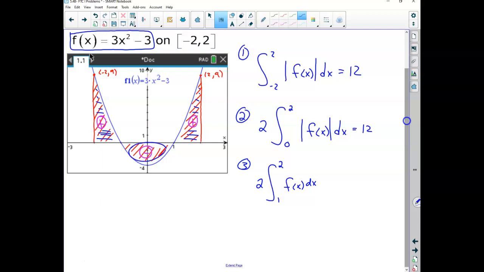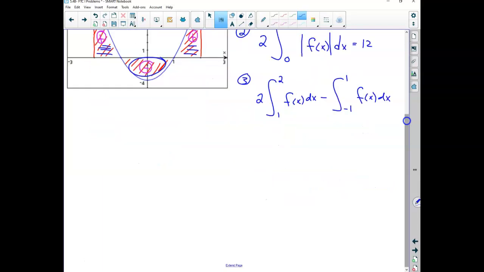And because I know this is a negative area, maybe I subtract the integral from -1 to 1 of f of x dx, because if I subtract a negative area, that turns it positive. Hey, there's an option. There's a third option.